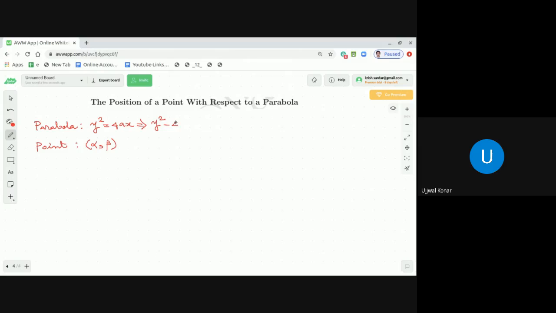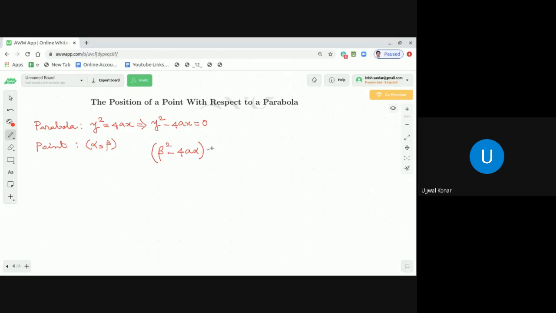So what we are going to compute is that instead of y, we apply the y coordinate of the point, that is beta square, minus 4a into, instead of x, we apply the x coordinate of the point, that is beta square minus 4a alpha. Now, we are going to compute the value. Means actually we are interested in whether it is greater than 0 or equal to 0 or less than 0.